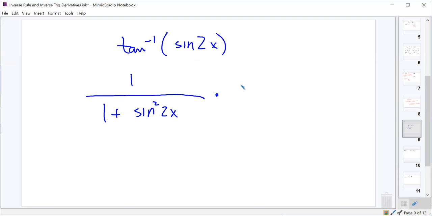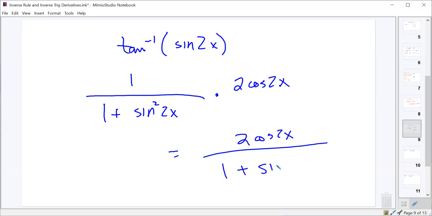And using the chain rule, what's the derivative of sine of 2x? It should be 2 cosine 2x, using the chain rule. So let's put it all together: 2 cosine 2x over 1 plus sine squared 2x. Good or no?